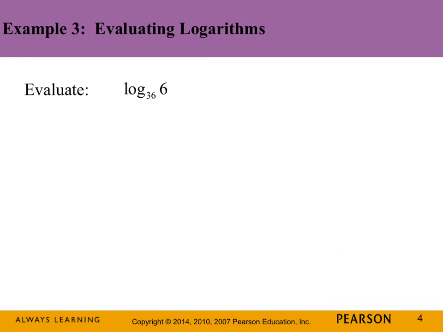Okay, continuing on with example 3, now we're asked to evaluate log base 36 of 6. Let's say this equals z. If I were to rewrite this in exponential form, that would be 36 to the z power equals 6. Well, I know the square root of 36 is 6.